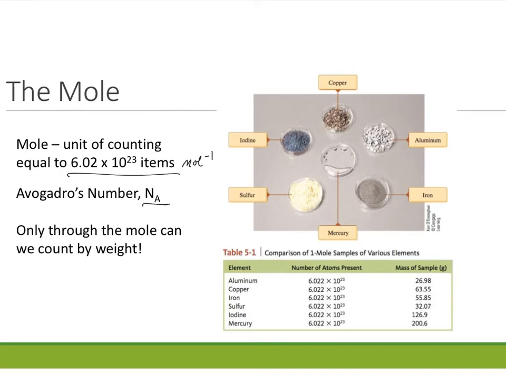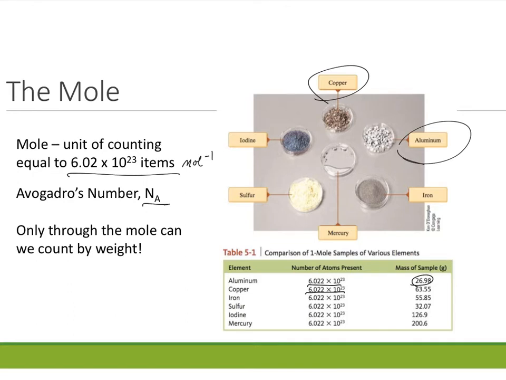Now, it is only through the use of the mole that we can count our particles within a substance through weight. So here we have a series of substances. Copper: 1 mole of copper has a mass of 63.55 grams, and it contains 6.02 times 10 to the 23rd atoms. Similarly, aluminum contains 6.02 times 10 to the 23rd atoms, but its weight is 26.98. It is less massive. It has fewer protons and fewer neutrons.